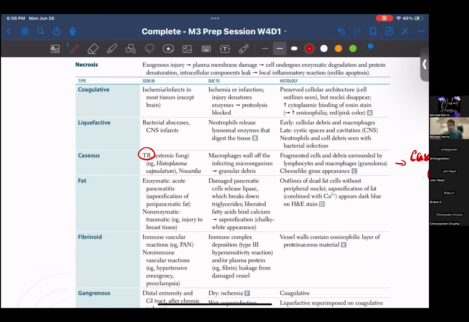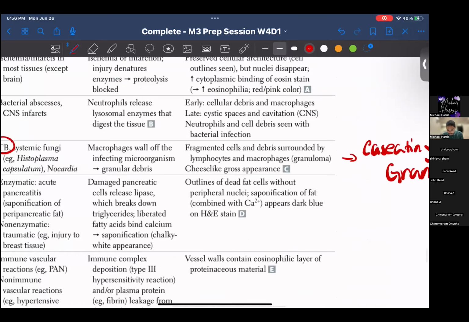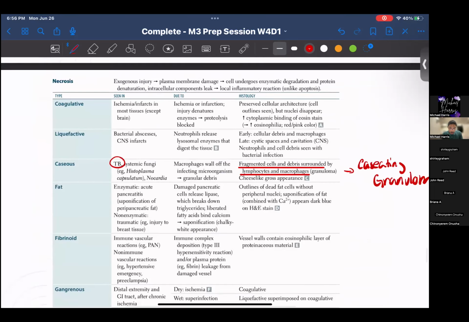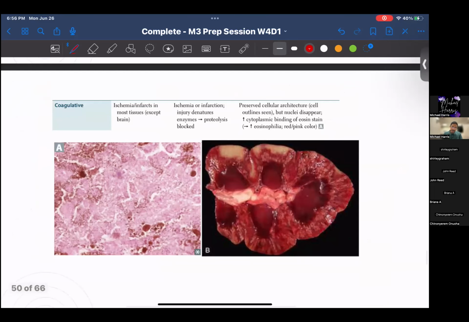Macrophages and lymphocytes. What do you expect to see in the center? Well, the cells are dying and it's necrosis, like he explained, because the cells can't survive in there and they're walled off. So you get fragmented cells and debris. Perfect.